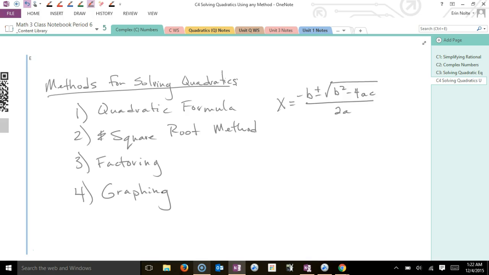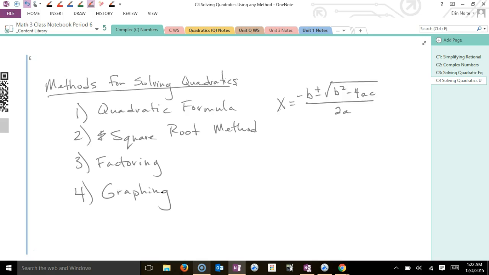As long as it's an x squared quadratic, then you can use the quadratic formula. If there is a term that's missing, like the b value or an a value, you can just fill it in with a 0. So you can always use the quadratic formula to solve a quadratic.